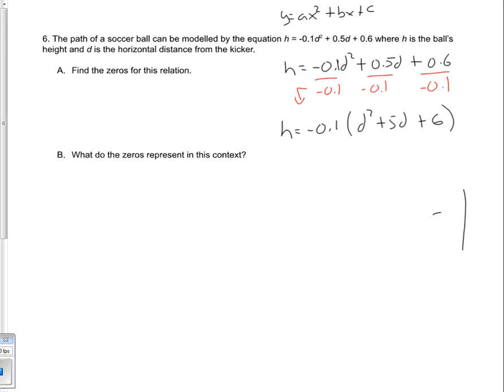If we factor it, we're looking for two numbers that multiply to 6 and that add to positive 5. Oh, I'm sorry.